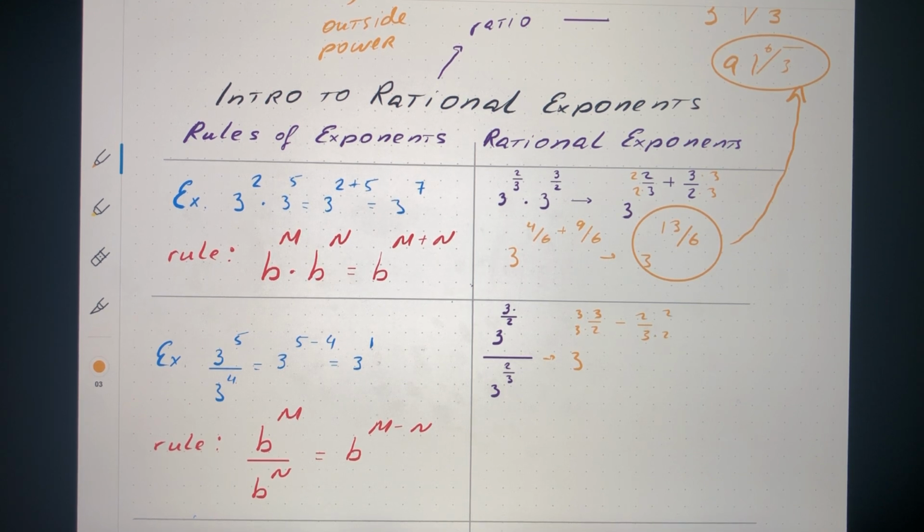Now that makes 3 to the power 9/6 minus 4/6, which makes 3 to the power 5/6, and that's the final answer. If we wanted to write it with radicals, the root number is 6 and the exponent is 5, and the exponent is less than the root number, so there is nothing else to simplify.